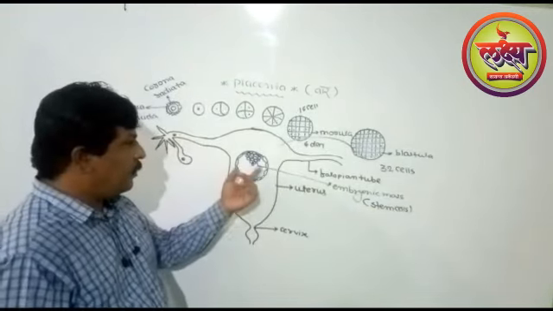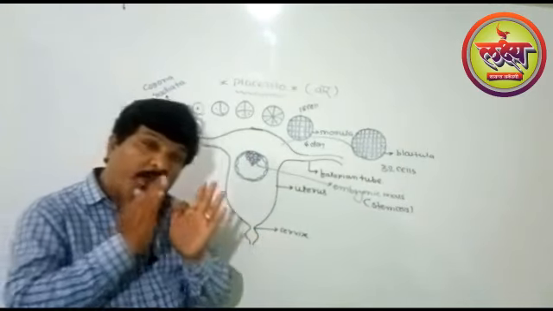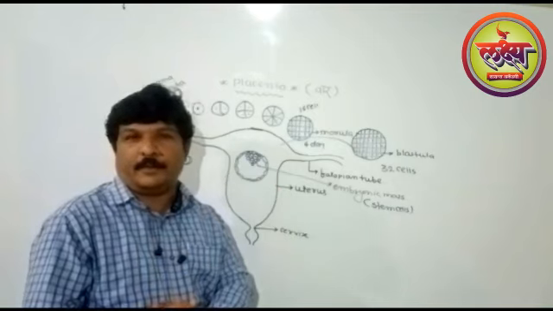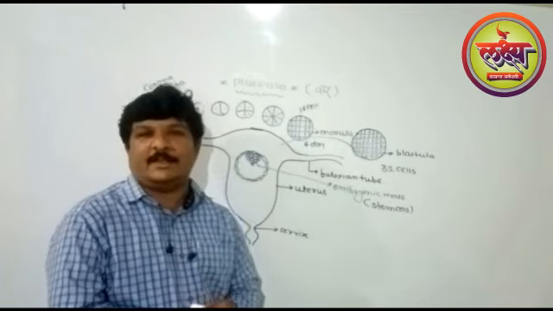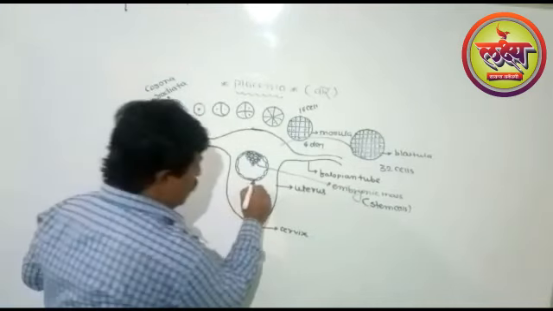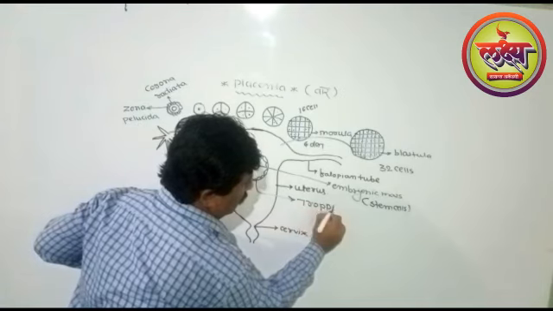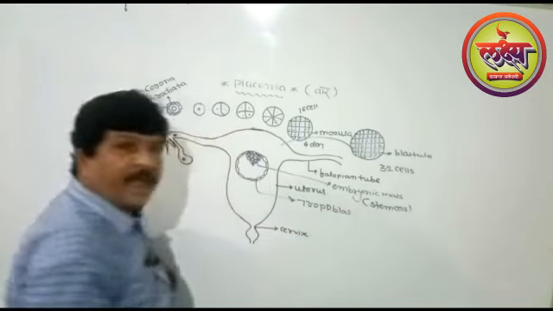This embryonic mass is also called stem cells. Later on, above the embryonic mass or the stem cells, there is one separate layer which has flat cells. That's the trophoblastic layer, the trophoblast.